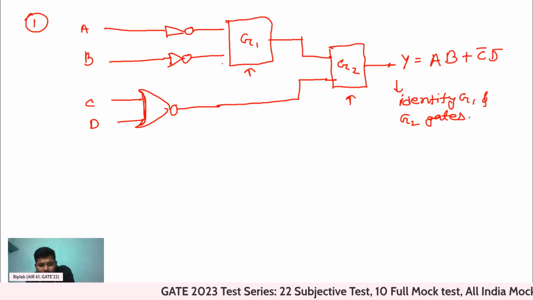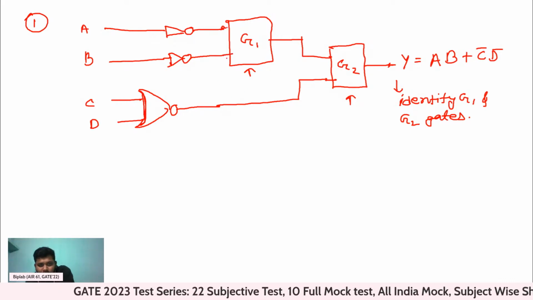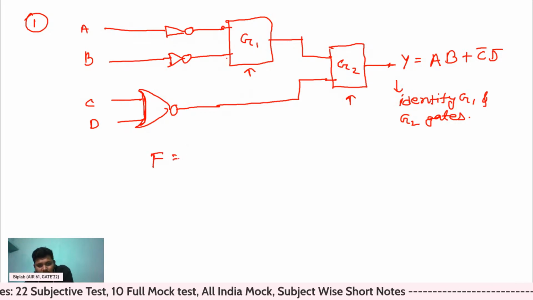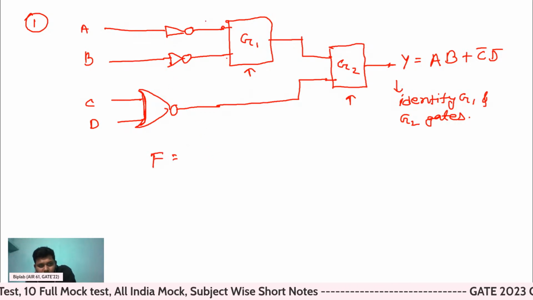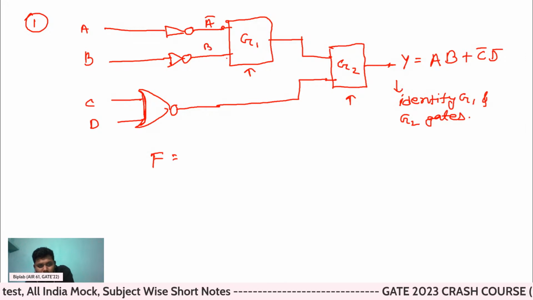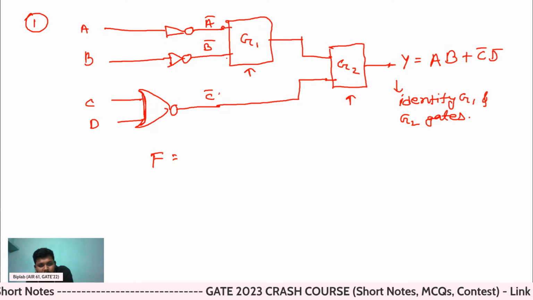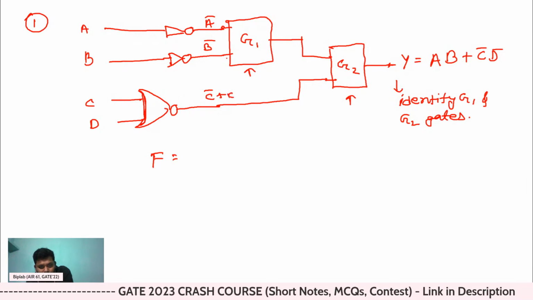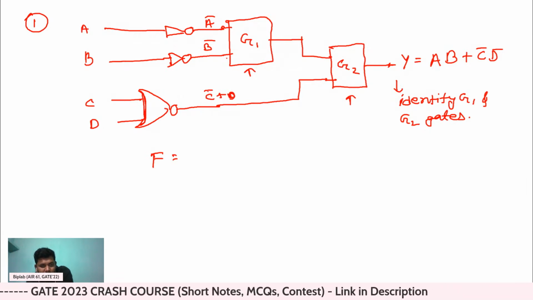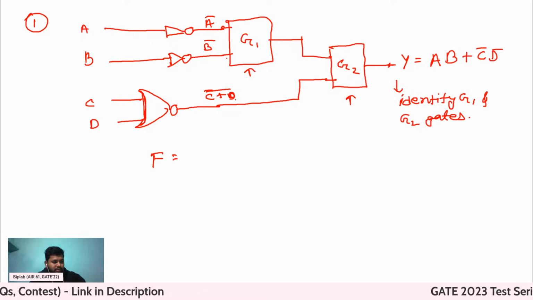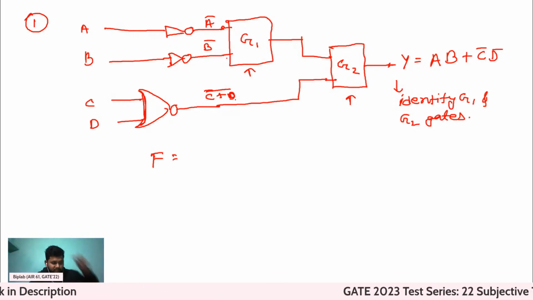So let me go forward with this one. Okay. So your output is what you are getting. You are getting A bar here, B bar here, and you have C bar, C plus D. First you are adding, and then you are doing the not operation. Okay, fine.